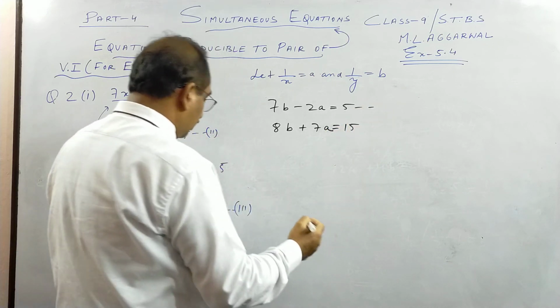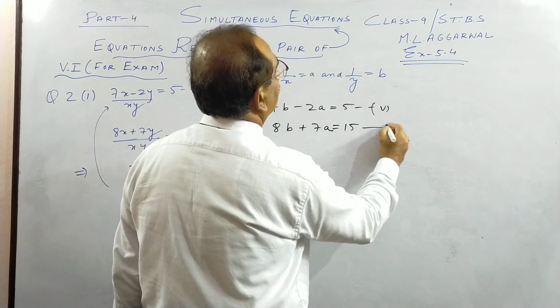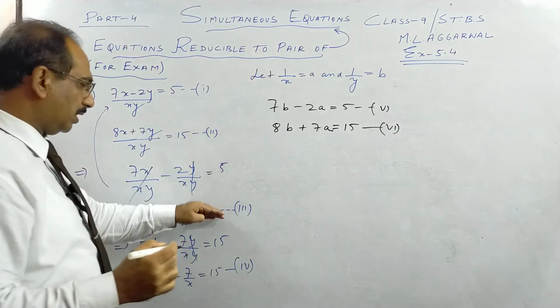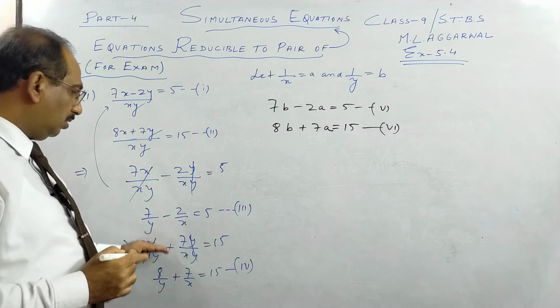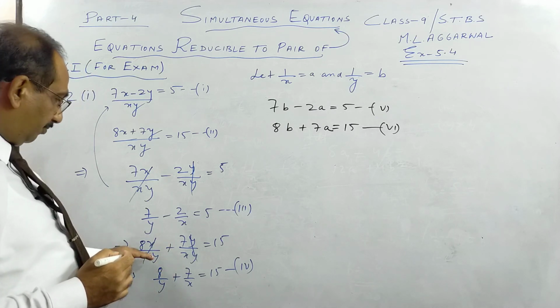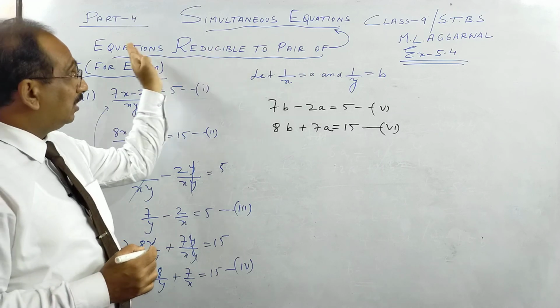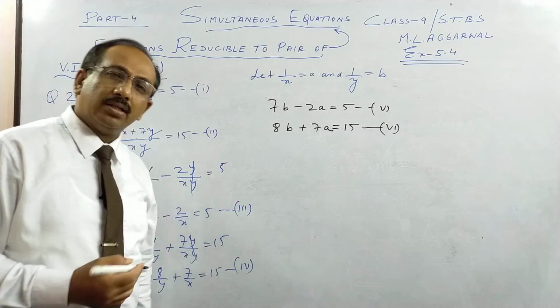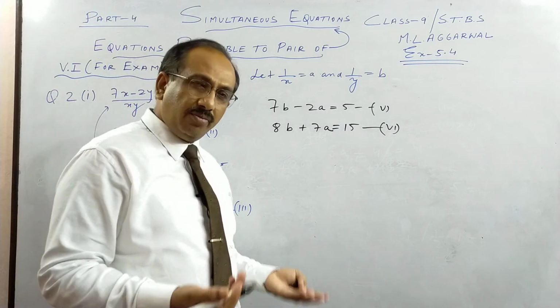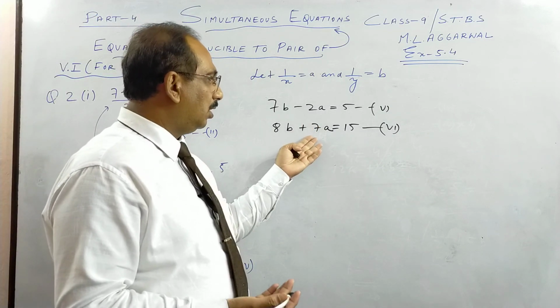Now let these be equation 5 and 6. Okay, so don't worry, 1 and 2 become 3 and 4 after taking opposite of LCM. Then what I have done, I have reduced it to a simultaneous equation. Now this is looking like a simultaneous equation like you have done earlier, so I'll do it a little fast over here.